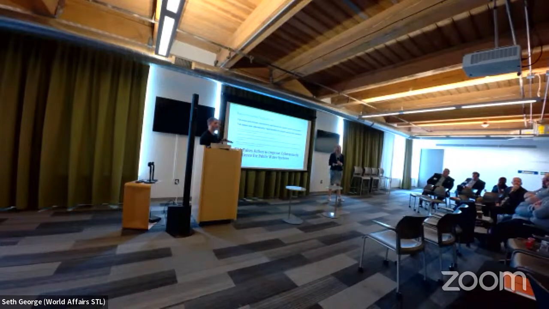Additionally, continuous monitoring. So you want to be able to keep constant tabs on different devices and assets in your network. And finally, reducing risk through patching systems in a timely and appropriate manner.